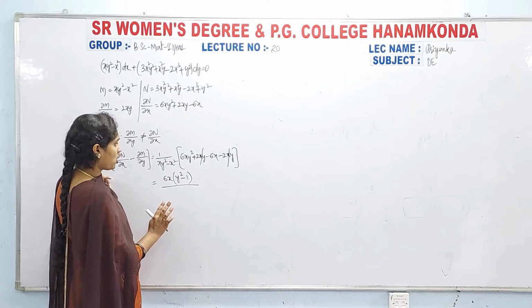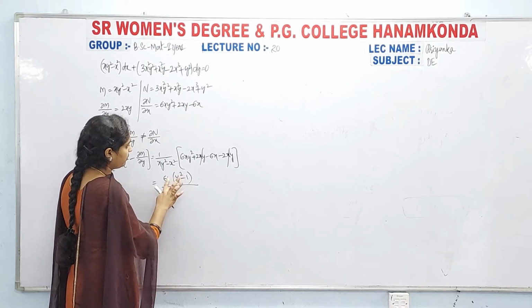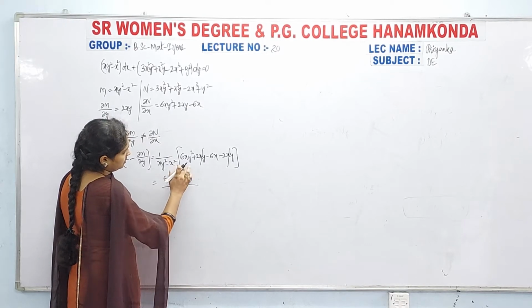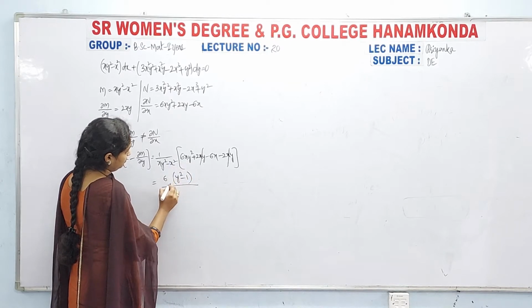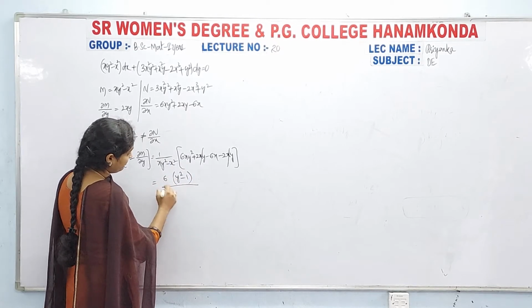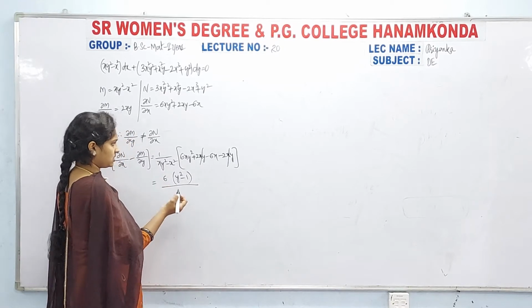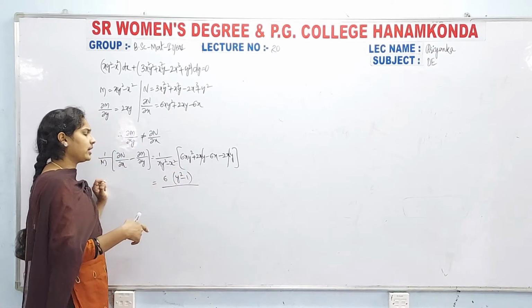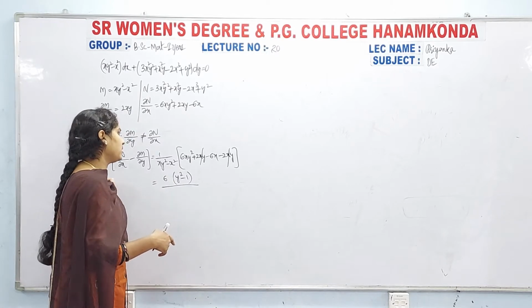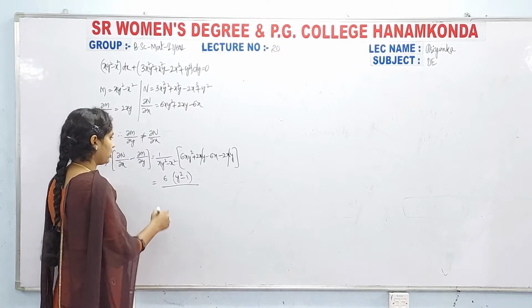Otherwise we can take x common, then what we get? From here if I take x common, then I will get y square minus x, and from here if I take only 6 common, then I will get that.